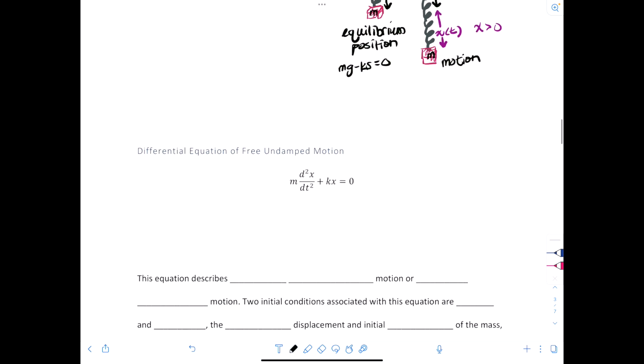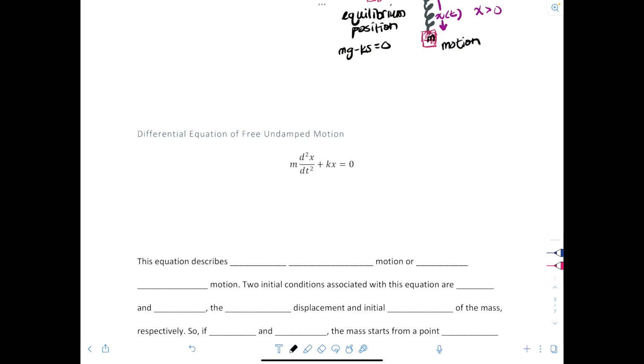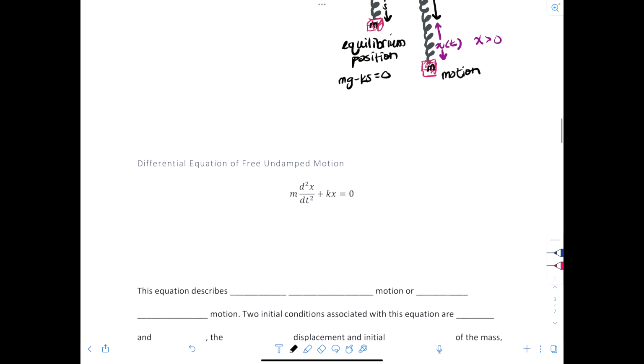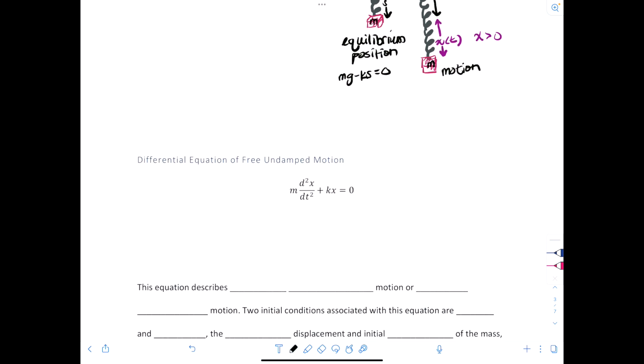Okay. Now, the differential equation of free undamped motion. This is the same one that we had over here, but I took the k times x to the other side, so it's added and then it's equal to 0.